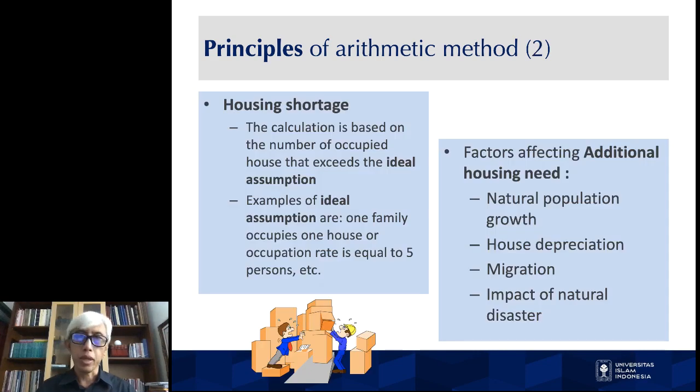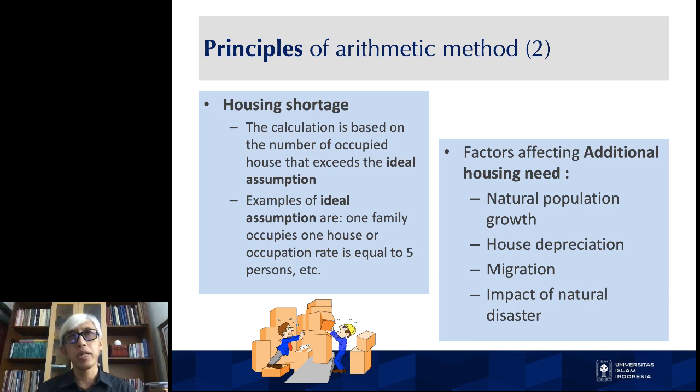Okay, so the calculation of housing shortage is based on the number of occupied houses that exceeds the ideal condition, or the ideal assumptions. So it is important to set up the ideal assumptions. For instance, one family occupies one house, or the occupation rate is equal to 5 persons.